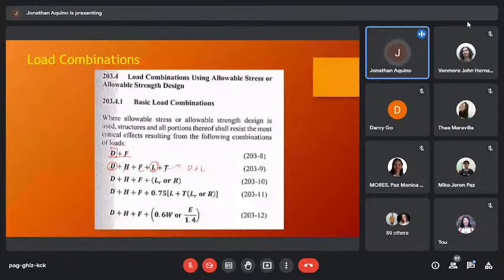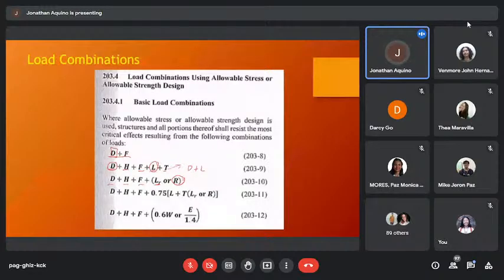Then the third load combination is dead load, hydrostatic pressure, fluid pressure, plus live load or rain load. Normally the rain load is again very small, not as strong compared to other countries. Very minimal yung effect niya sa structure.